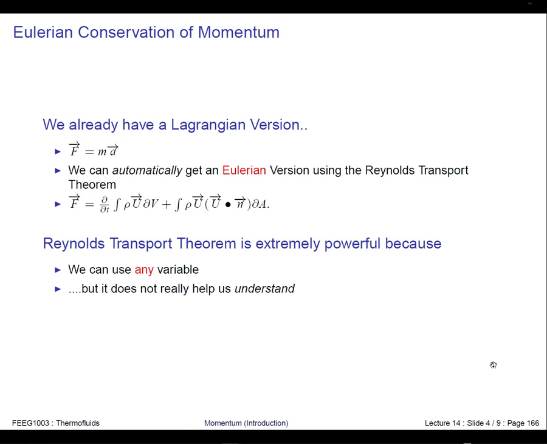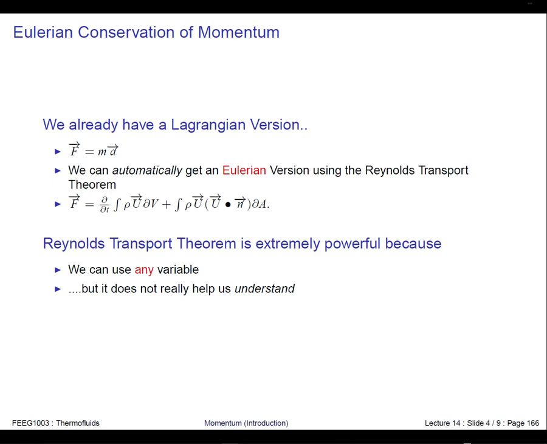So we know what the Lagrangian fundamental equation for momentum conservation is. It's Newton's second law, force is equal to mass times acceleration. So what this equation really is, is a rate of momentum change equation. So mass times acceleration is the same as m du by dt.